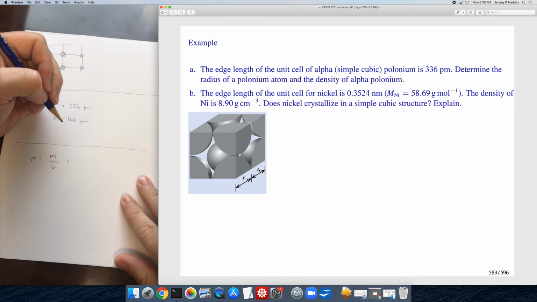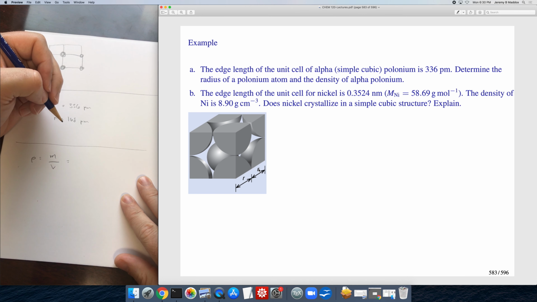We need to take the molar mass of polonium, which is 209 grams per mole. Then we're going to divide by Avogadro's number, which gives us the grams per atom.